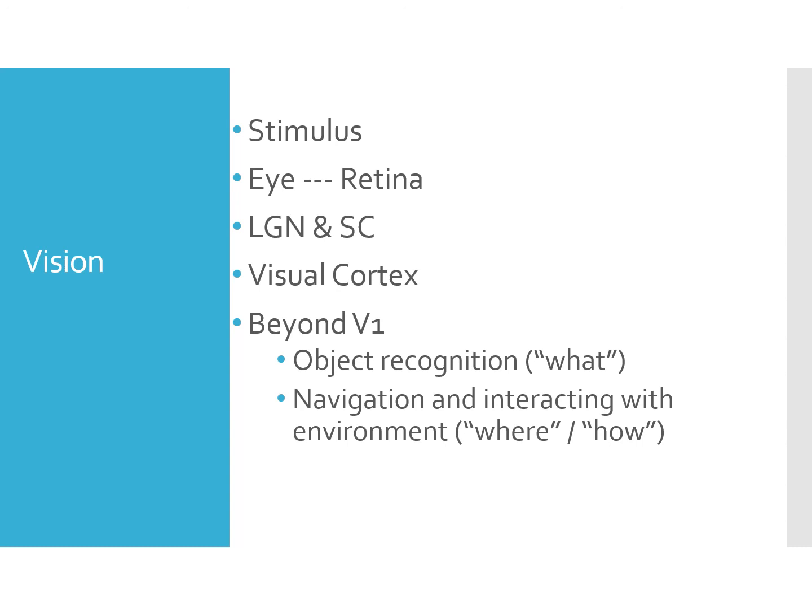We need to get to where we are recognizing objects, so we know what we are looking at, putting those features back together into faces and houses and places and bodies and animals and everything, as well as allowing us to navigate and interact with our environment. So where are those objects? How do I interact with them? And if you have questions about any of these aspects of vision, it's a good place to go back and see where your questions are so we can finish this on Monday.